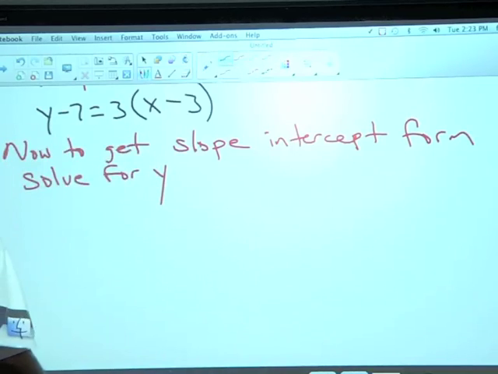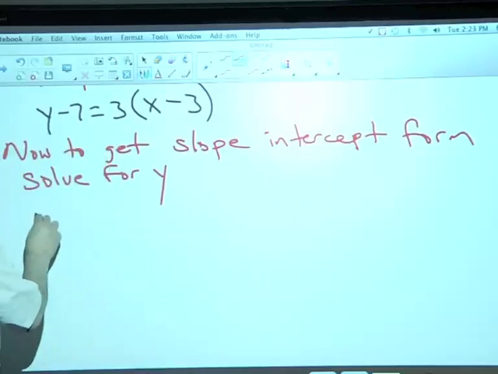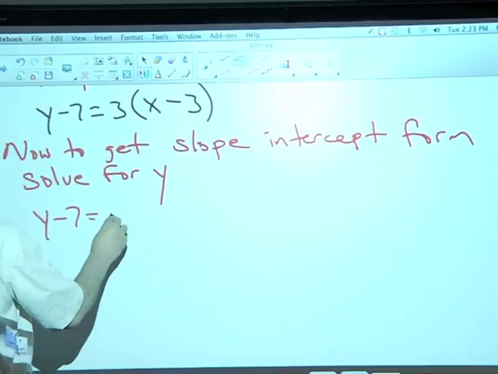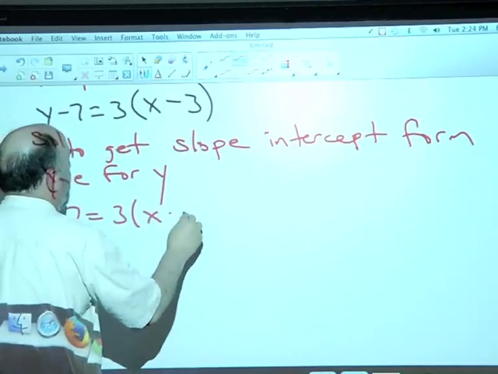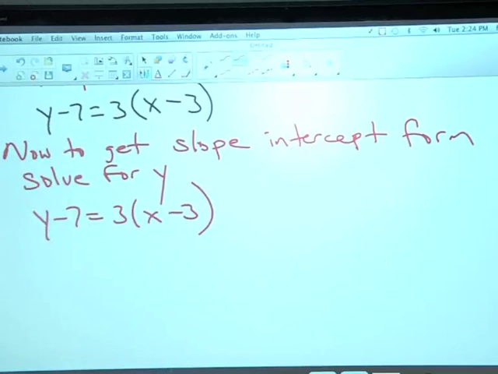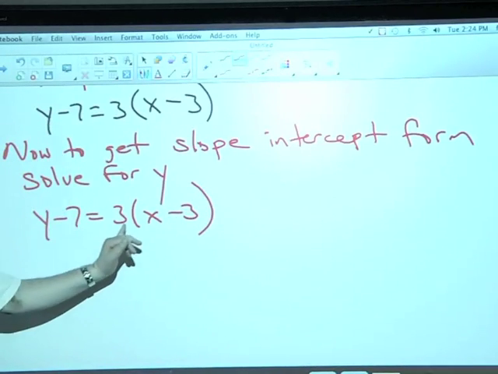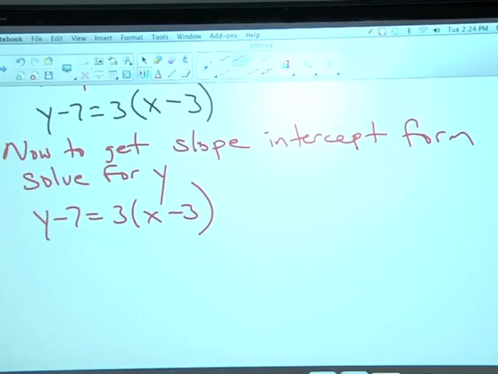So we had y minus 7 equals 3 times x minus 3. First thing I'm going to do is take care of my distributive property.